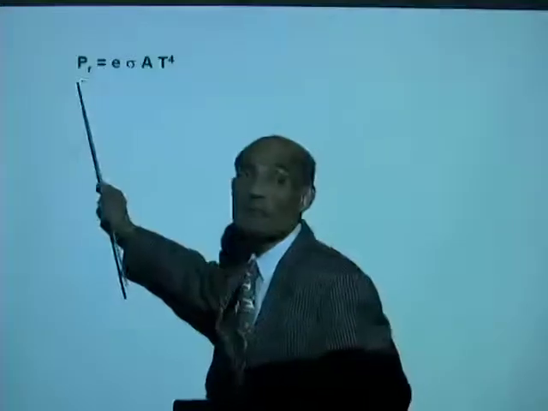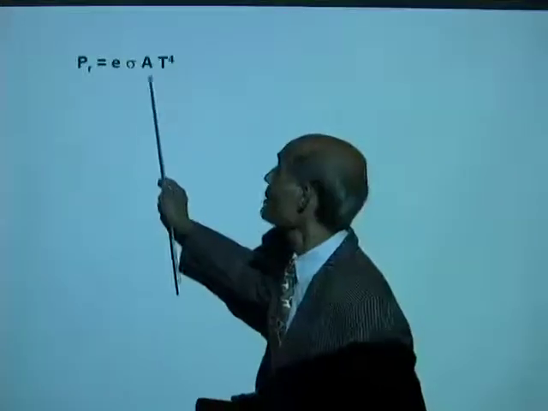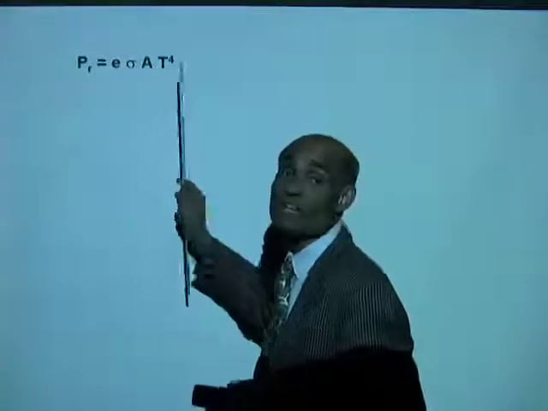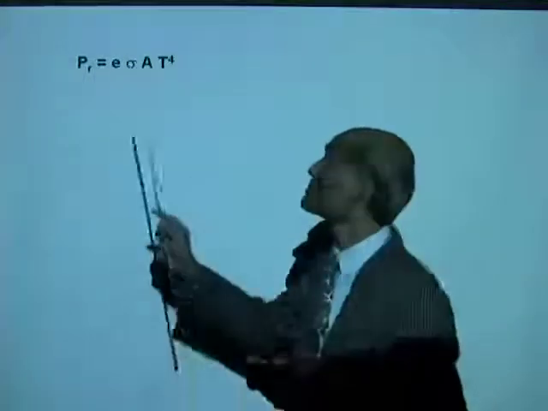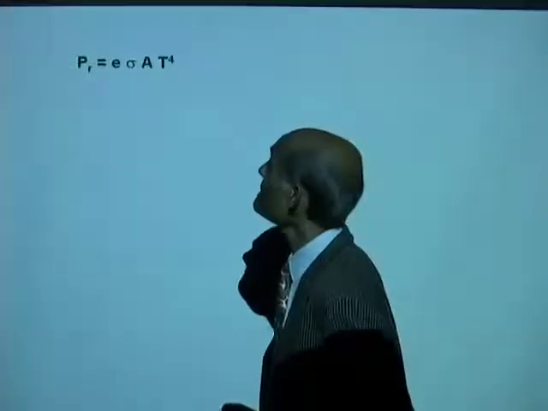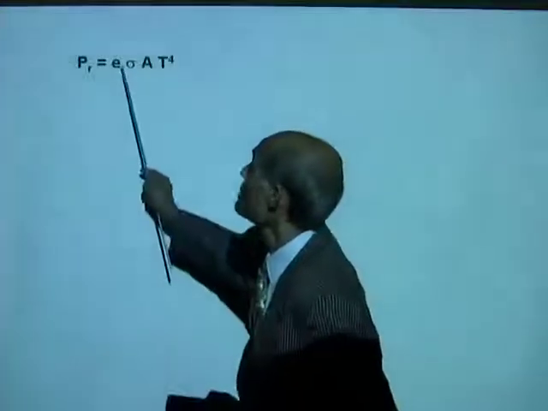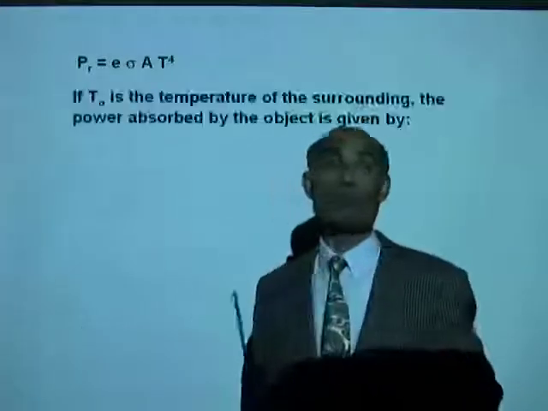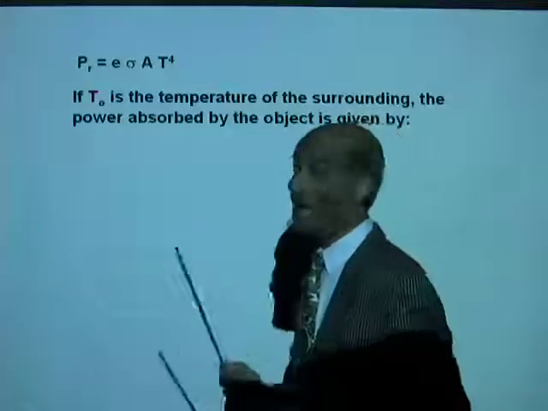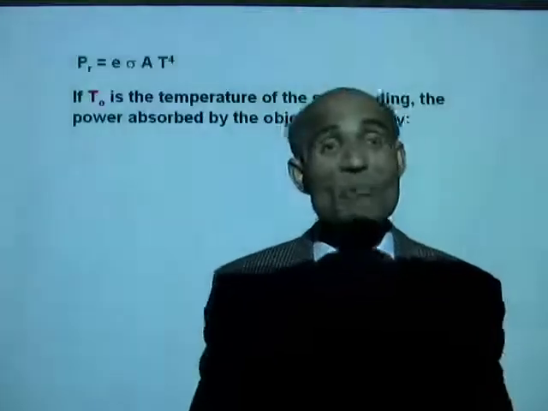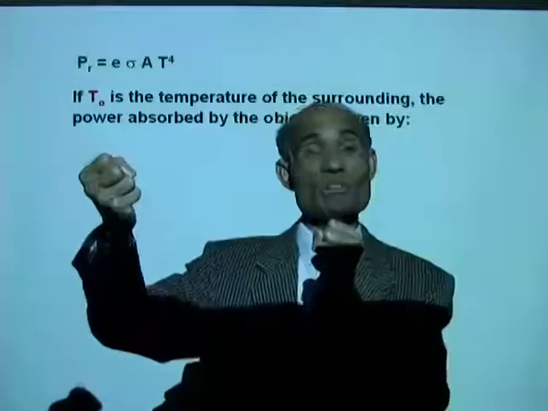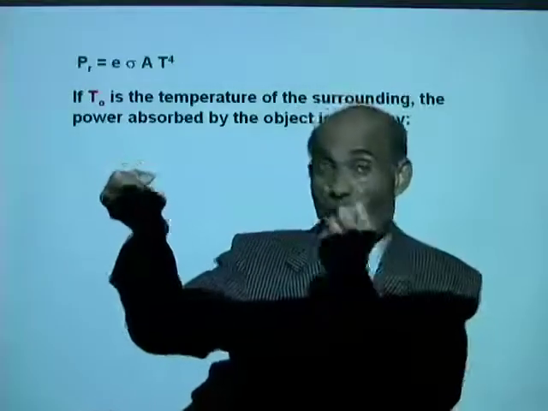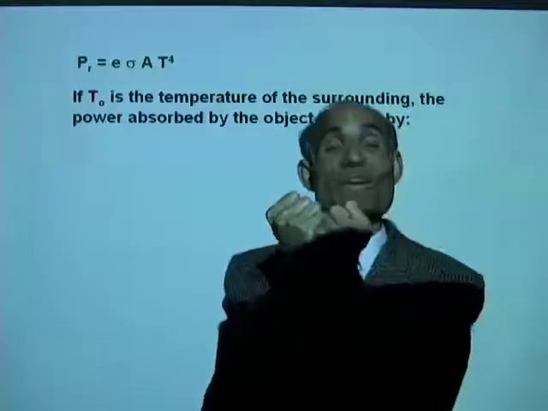So, the power radiated by an object of area A maintained at an absolute temperature, or Kelvin temperature, T is P sub R equal to E sigma A T to the power 4. Now, this is a measure of the amount radiated by the object. At the same time, the object also absorbs energy.